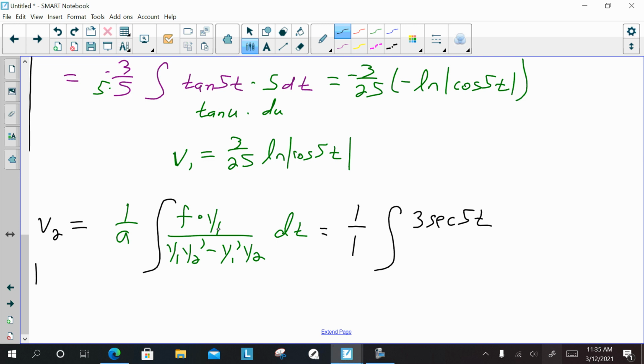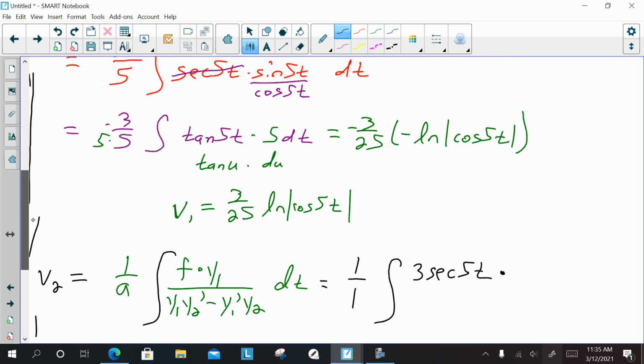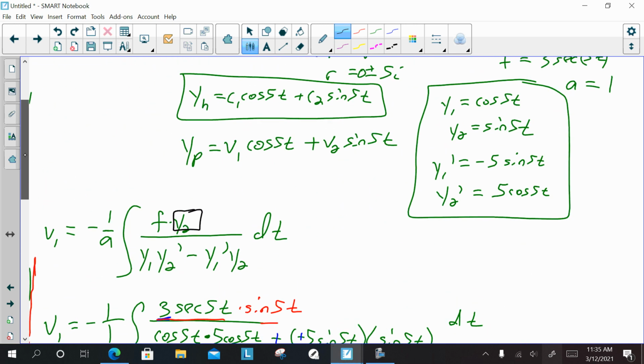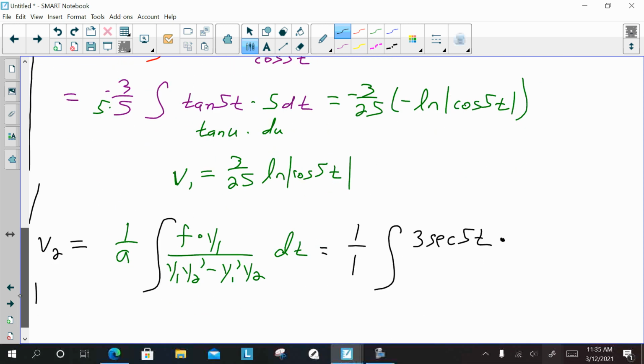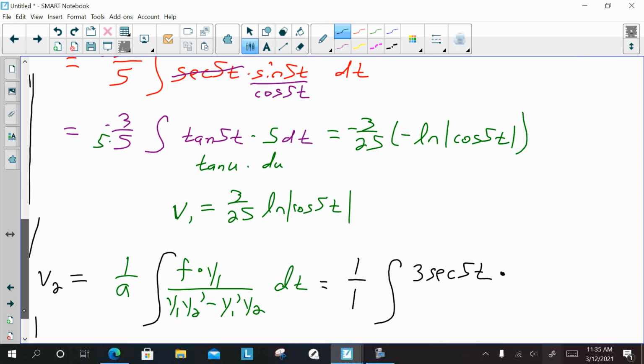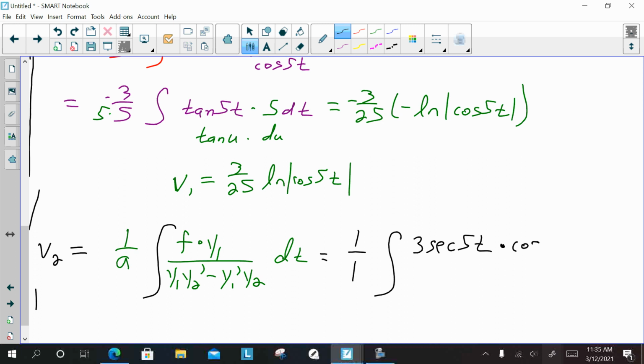So we've replaced A, we've replaced F, Y1. This is a mistake we made on the other one. We didn't put a Y2 in. Y1 is cosine of 5t. So in place of Y1, we're going to put cosine of 5t. Remember when we made this substitution, we ended up with a 5 that could come out front.